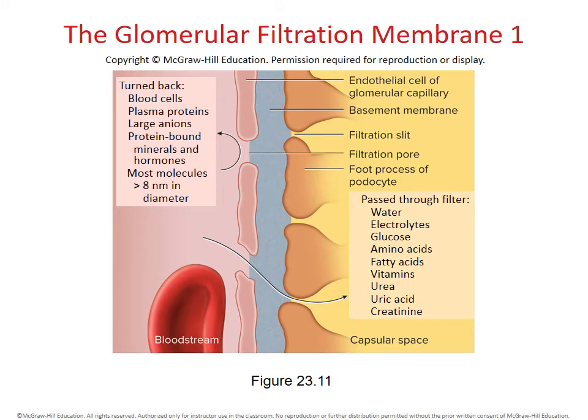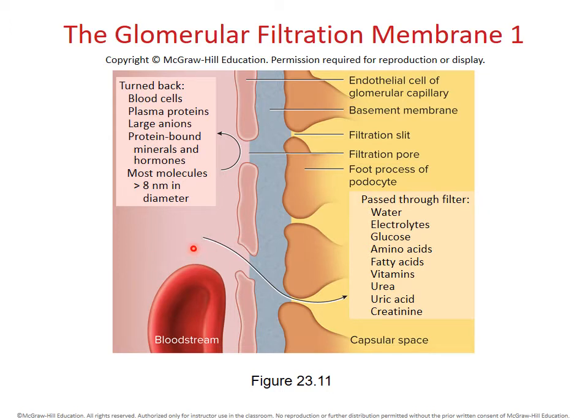So remember, glomerular filtration is like filtration in any capillary, in the sense that hydrostatic pressure, blood pressure, is the primary force that tends to push fluid out. But as we'll see in a few minutes, there are some differences in terms of the actual numbers of hydrostatic pressure and osmotic pressure that govern filtration. But it is the movement of materials from blood into the tissue space, or in this case, the glomerular capsule.